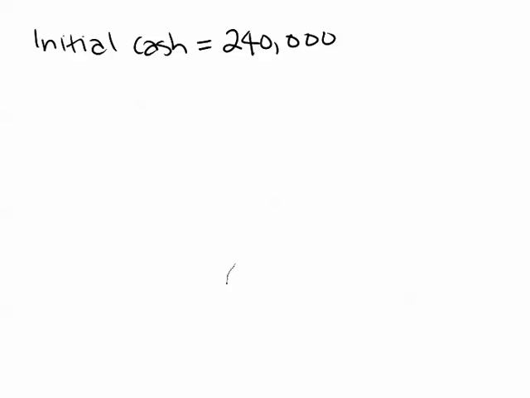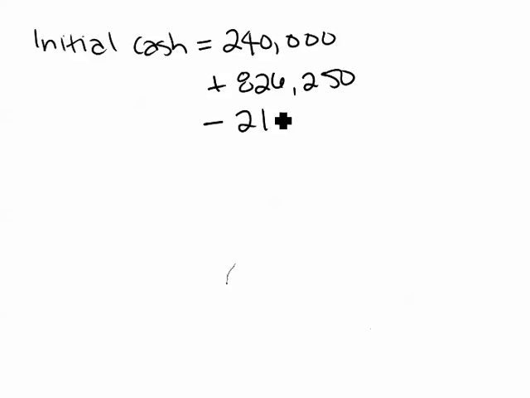So again, initially the estate had $240,000. From the last page, we remember that Charlie had to pay $826,250 for the condo, so we're going to add $826,250.